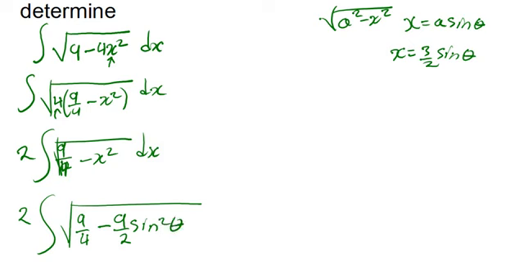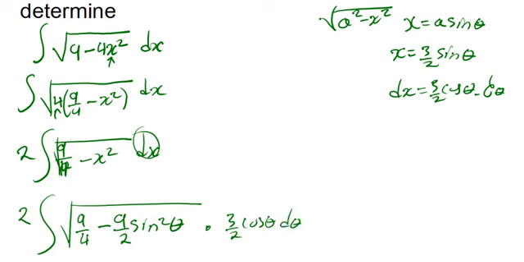Again, where there's dx, remember that in this case dx is equal to 3 over 2 cos theta d theta.